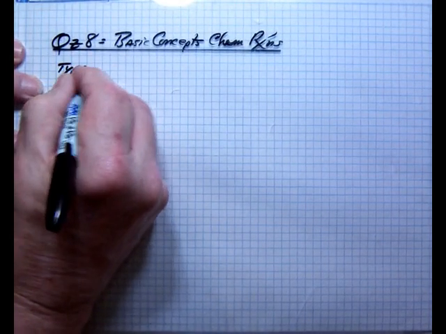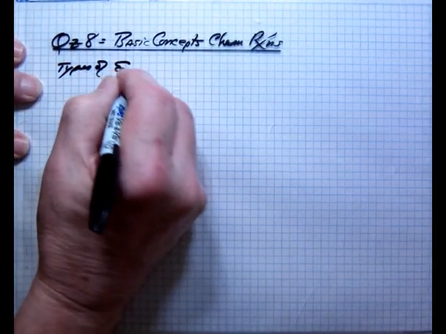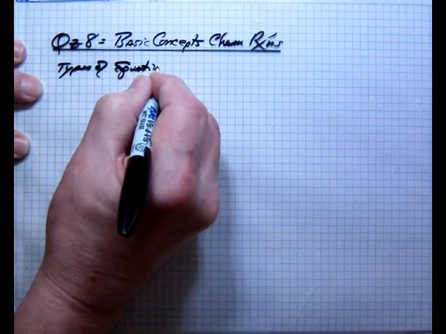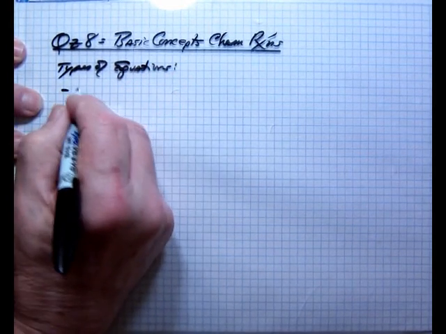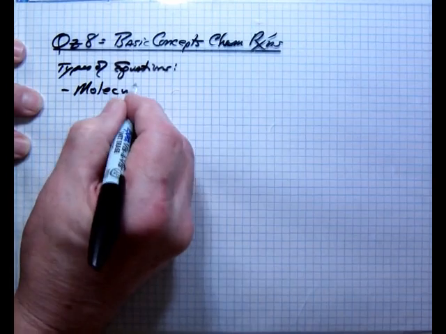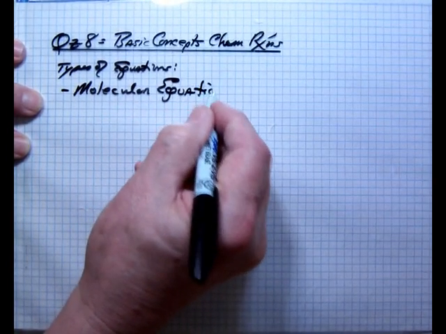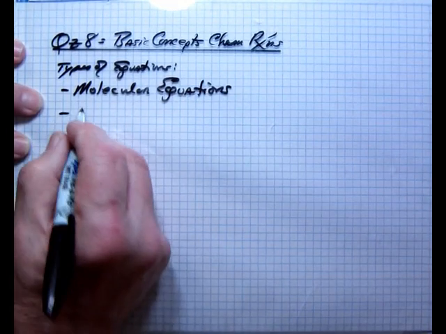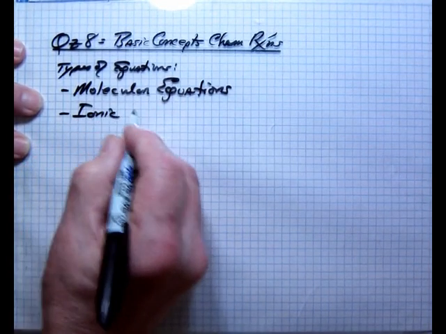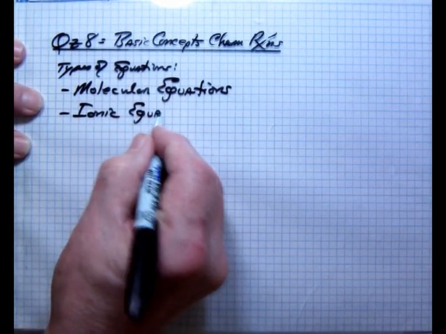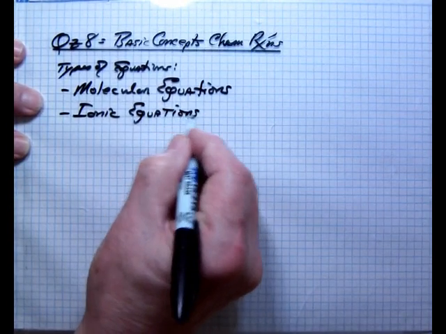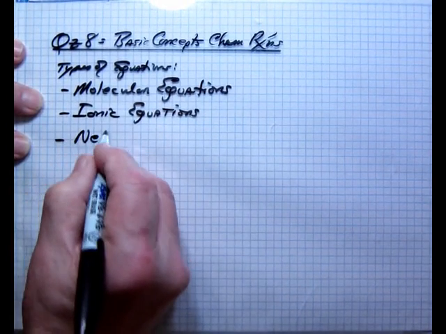Types of equations. You have molecular, you have ionic, net ionic.